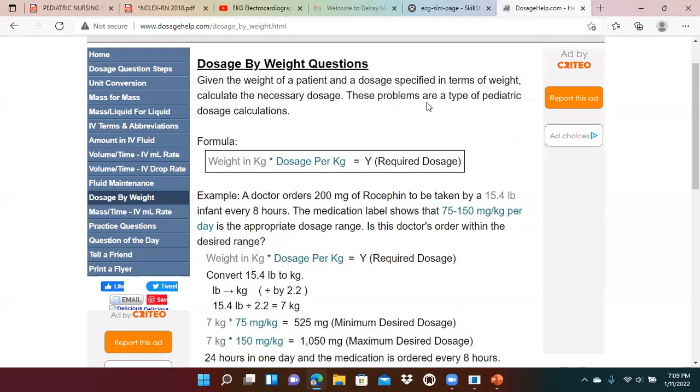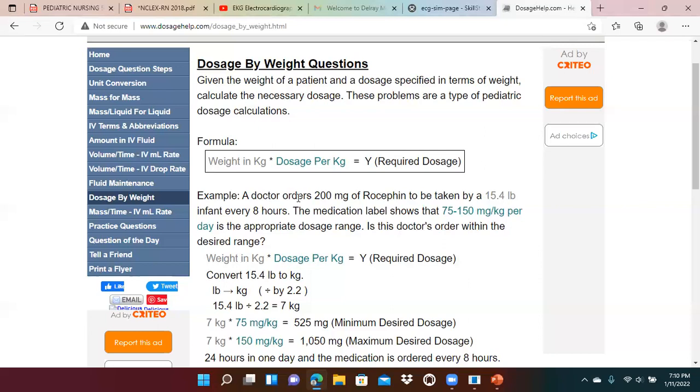And this problem is a type of pediatrics dose calculation. The formula says body weight in kilogram and dose per kg equal to required doses. So this dose is for pediatrics, right? So required dose equals body weight in kilogram times dose per kilogram.